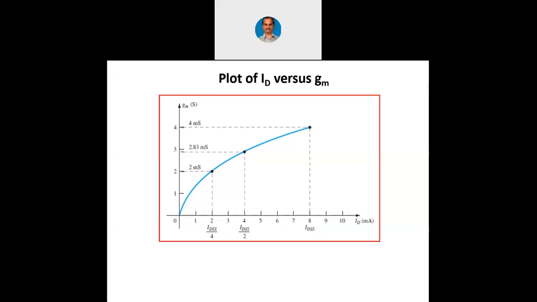Anyhow, only when this characteristic is nonlinear, that is when we can have a device that is nonlinear, right? All the active devices are basically nonlinear. Only the passive devices are linear. That we already know. So naturally, we should expect a nonlinear curve only as far as the output is concerned.